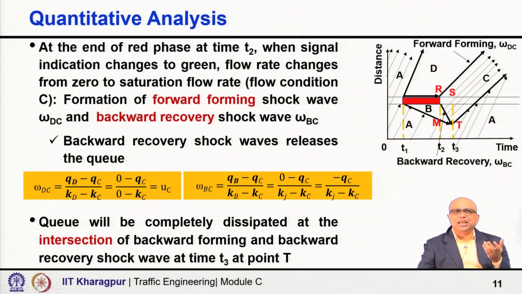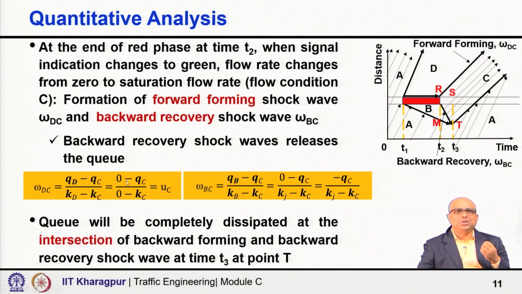There again shock waves are created: one is a forward forming shock wave between D and C traffic states, and a backward recovery shock wave between traffic state B and traffic state C. It is recovery because the queue that has been created due to traffic state B and the shock wave between A and B will get dissipated by this recovery shock wave, which is now created due to traffic states B and C.